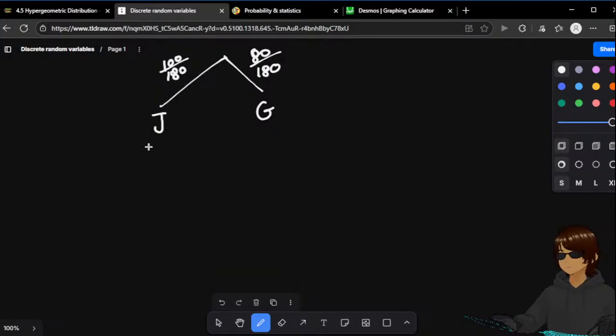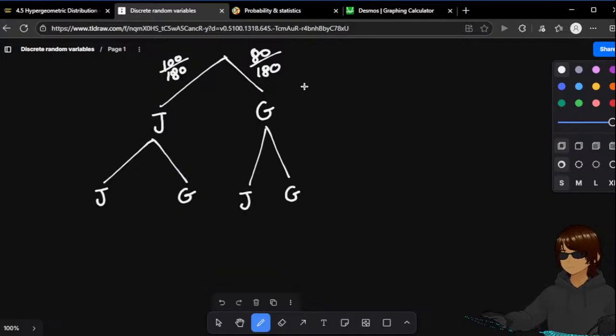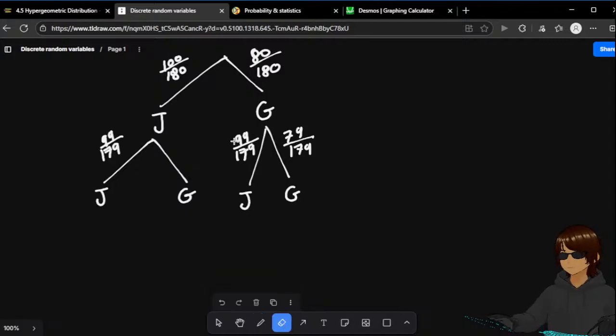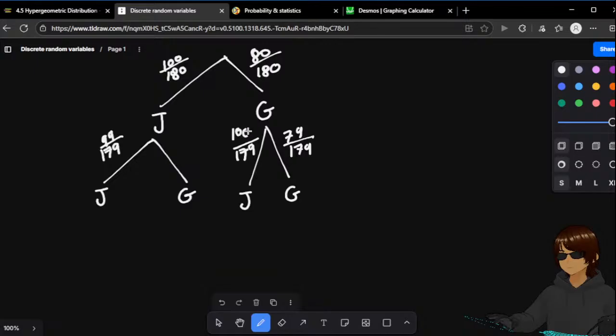If you do pick one gumdrop, so 80 from here, then 79 remain, and there are still 100 jelly beans remaining. Wait, this should be 100, and there are 80 gumdrops.